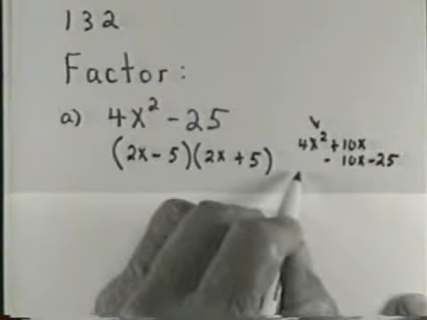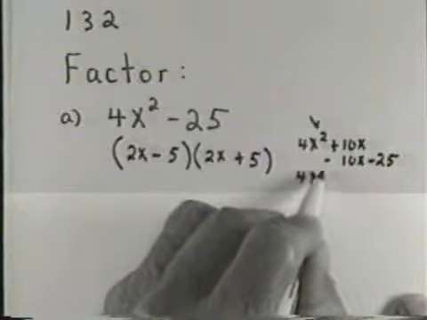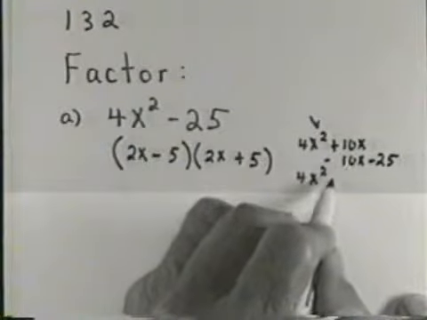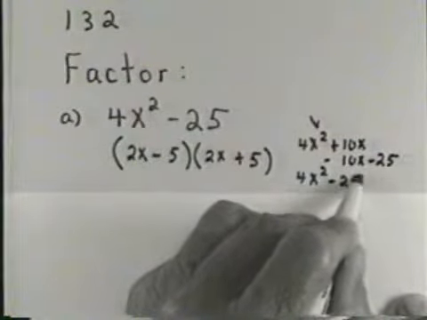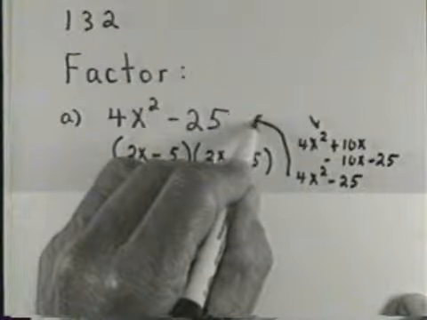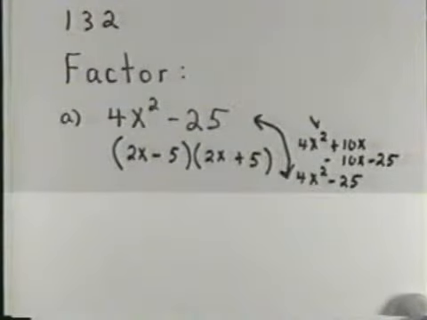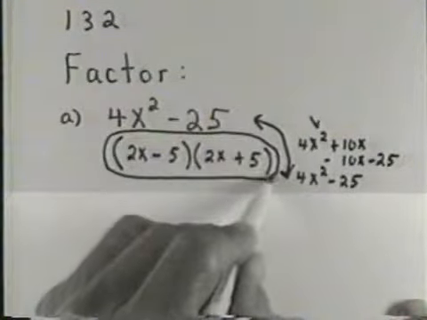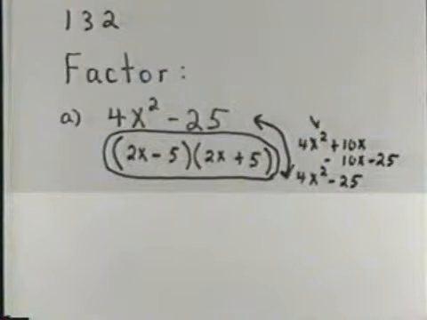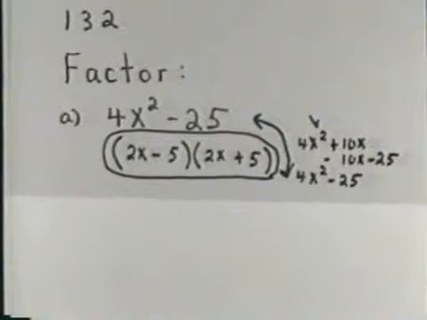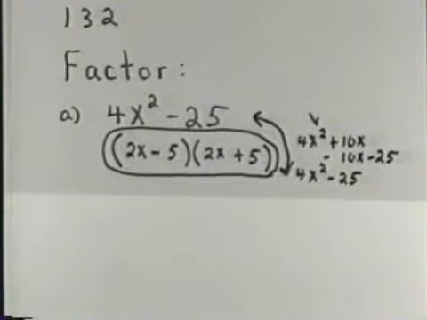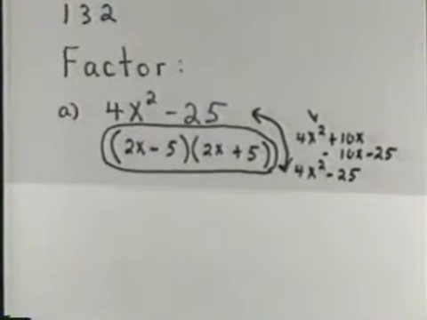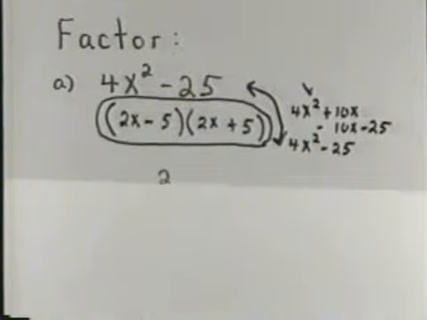So when I combine like terms, I would get 4x squared, the 10x's cancel, minus 25. And I can see that I factored correctly. But this would be the answer when I tell you to factor it. I will not be checking the others, because if you're using the formula, you really don't need to check. The check is just to make sure you haven't made an error.